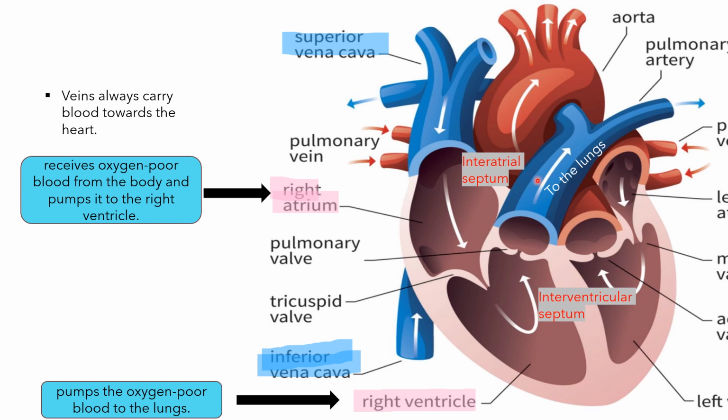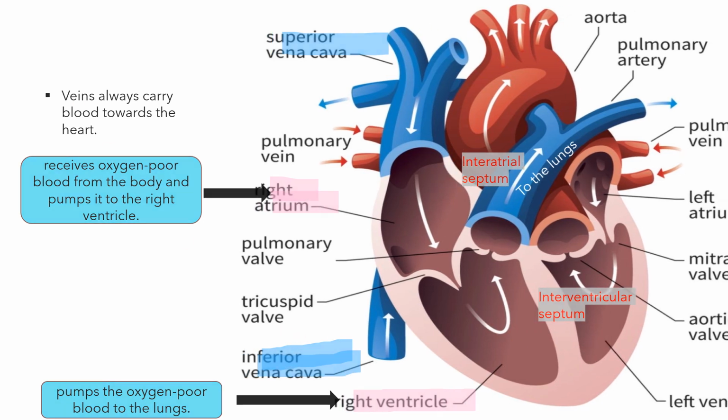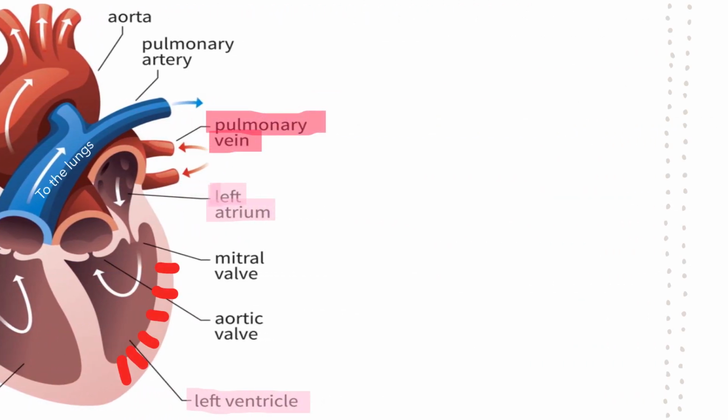And also, this is the partition that separates the chambers. This is the interatrial septum, which separates the atria, and this is the interventricular septum, which separates the ventricles.